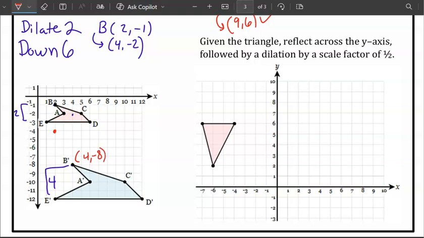If we went down 6 from here, that would already be way too large. Half of -8 is -4. From here to here, that's down 3. So we could also do down 3 and then dilate by 2.